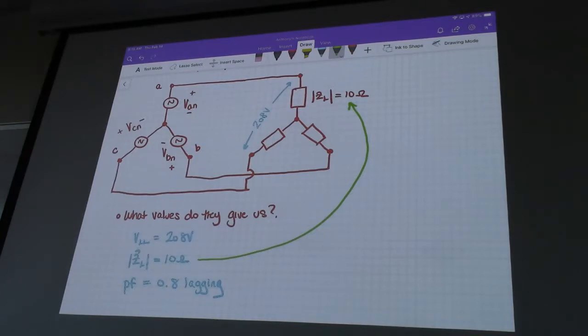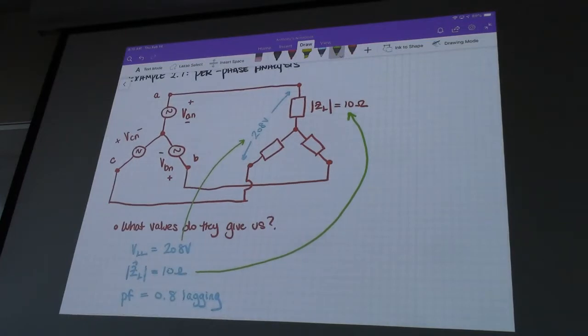So that's that one. And lastly, they tell us that the load is at a power factor of 0.8 lagging.